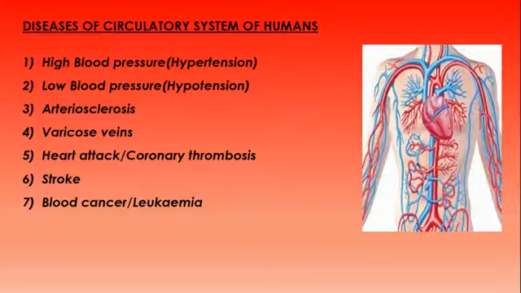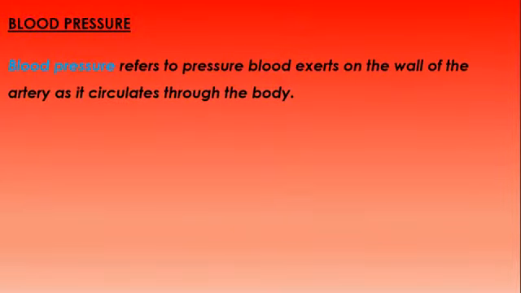All right, let us move on to look at what blood pressure means. Before we start, blood pressure is not a disease. It refers to pressure blood exerts on the wall of the artery as it circulates through the body.